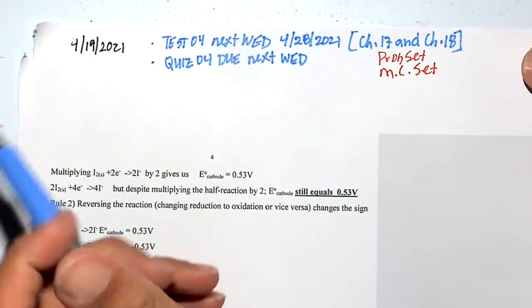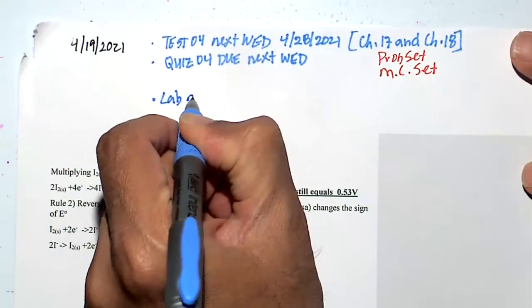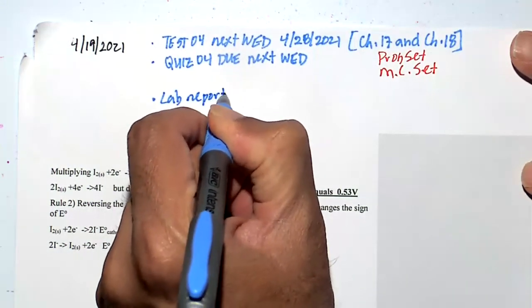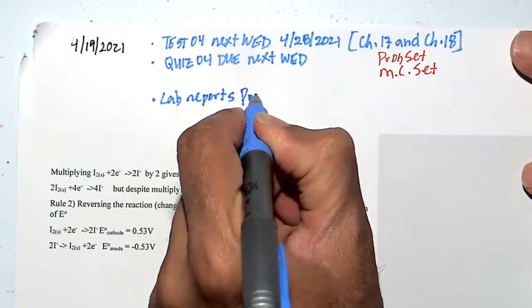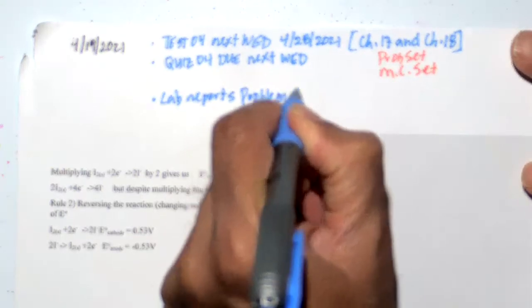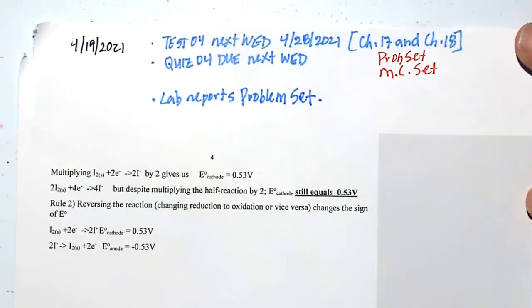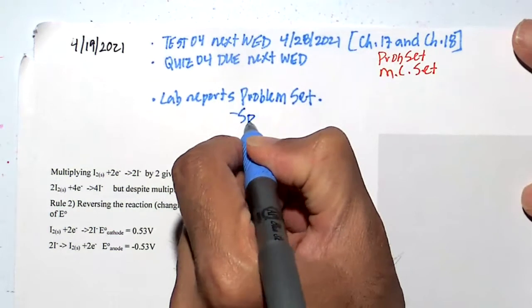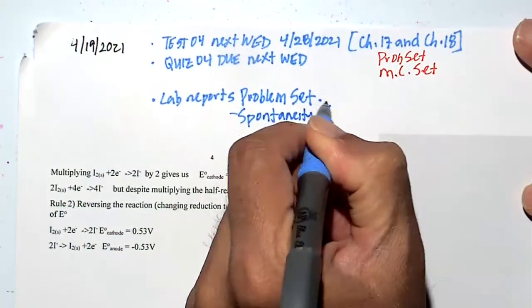All right, the next announcement has to do with lab reports. So there's 2 lab reports that need to be turned in for points. One is the problem set, and the other one is spontaneity, which is actually due this Friday. So there's no lab this Friday.